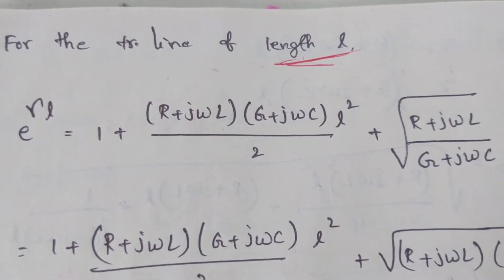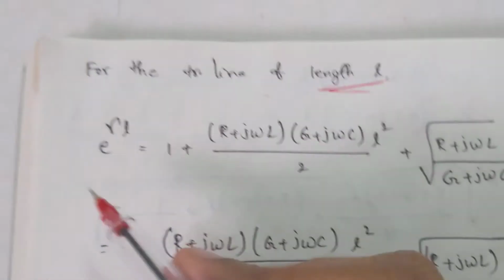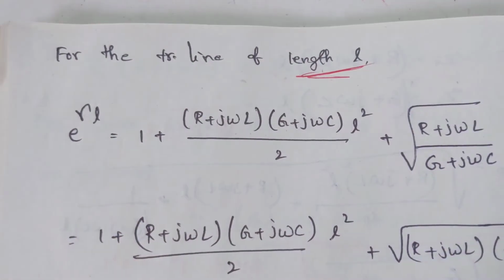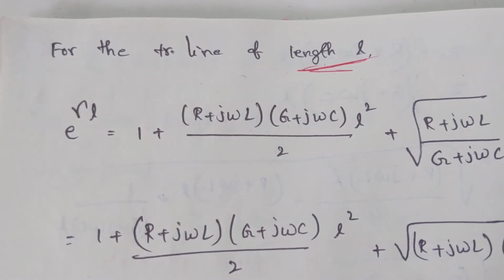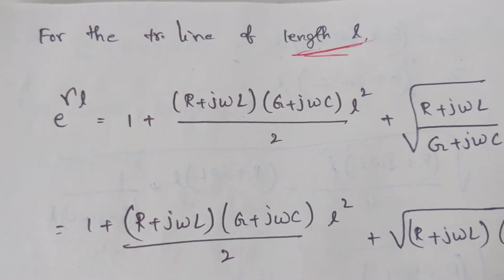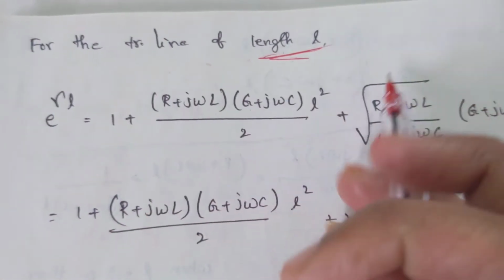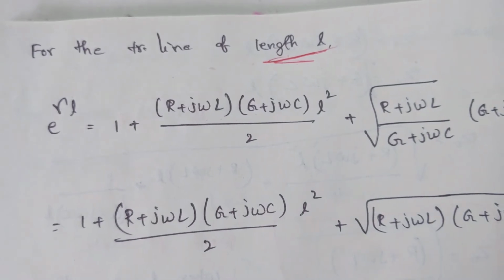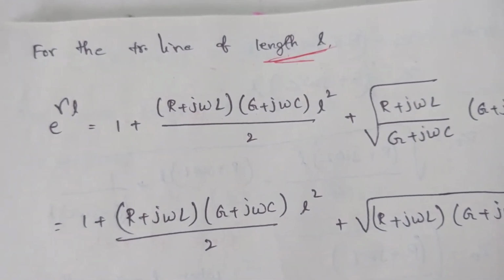Now I have done this only for a small section. If I extend it for the entire transmission line length L, instead of a simple Z1, Z2, I should consider Z1 and Z2 for the entire length. So e power gamma L will be equal to this, with Z1L and Z2L.